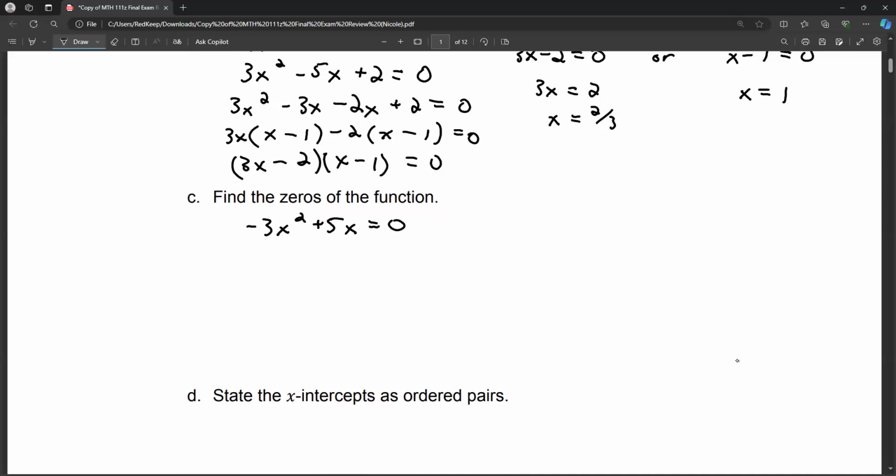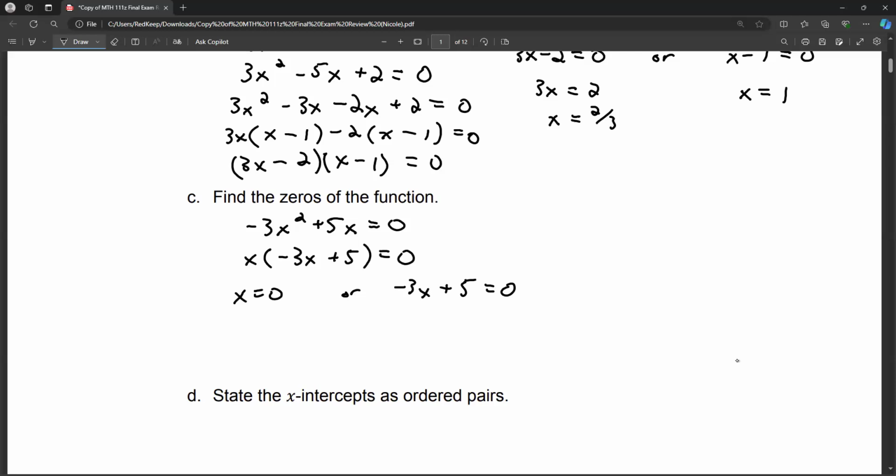So here we can actually just start by factoring out an x out of both of these terms. And that leaves -3x plus 5 equals 0. The zero product rule, of course, again, can be applied here. And we see that either x is equal to 0 or -3x plus 5 is equal to 0.